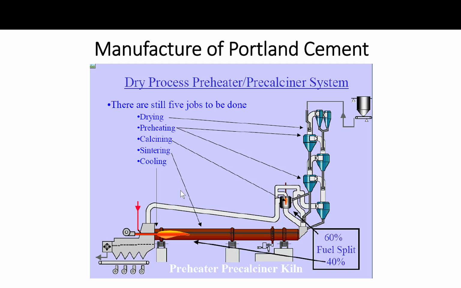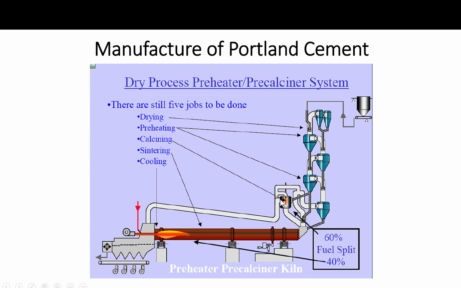Here is a schematic of a kiln using the preheater and pre-calciner towers, again in order to save energy. As you can see, this is the kiln right here, and these are the processes. So drying takes place outside the kiln, preheating right here, that's where the feed comes from.